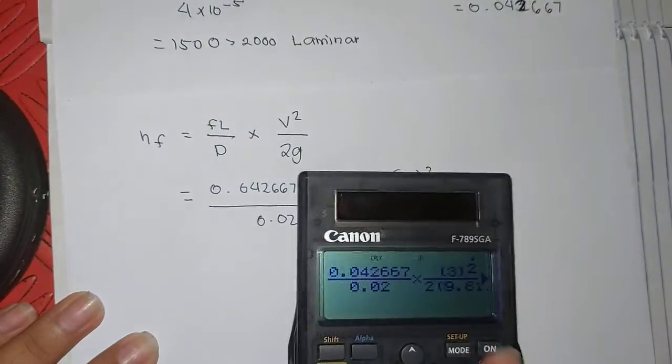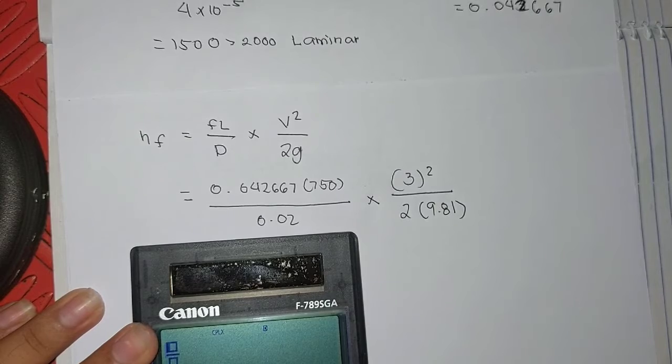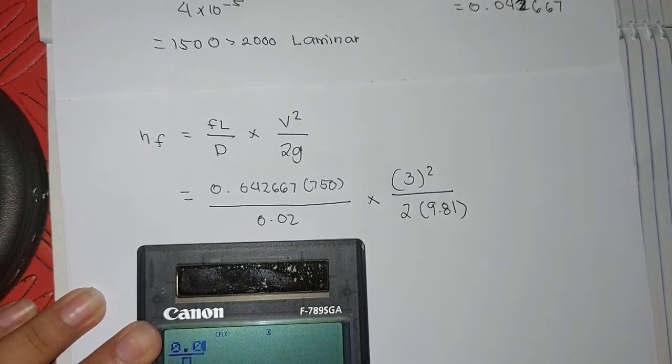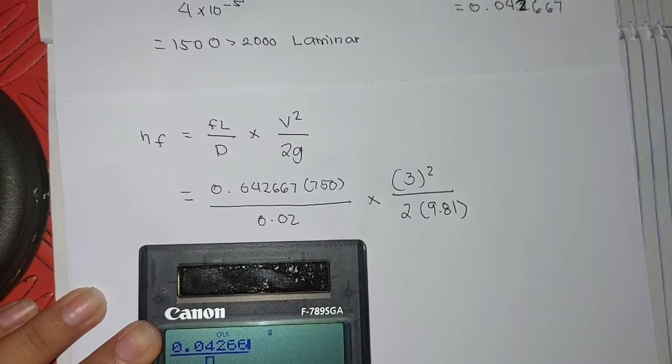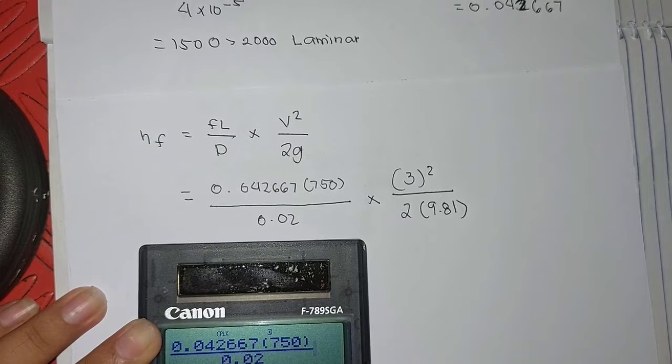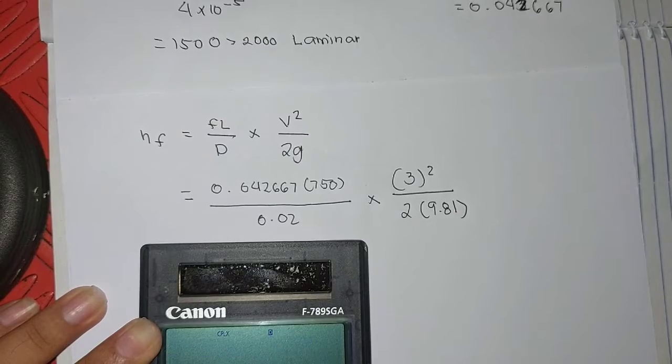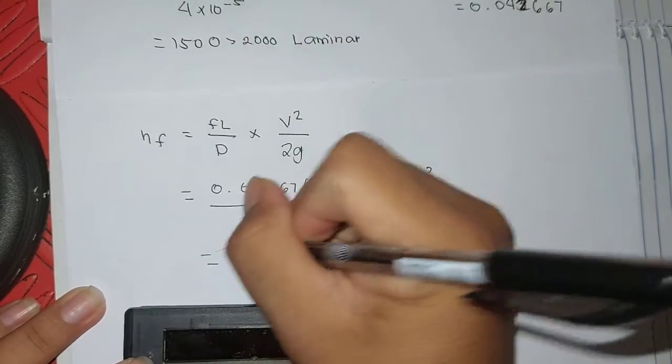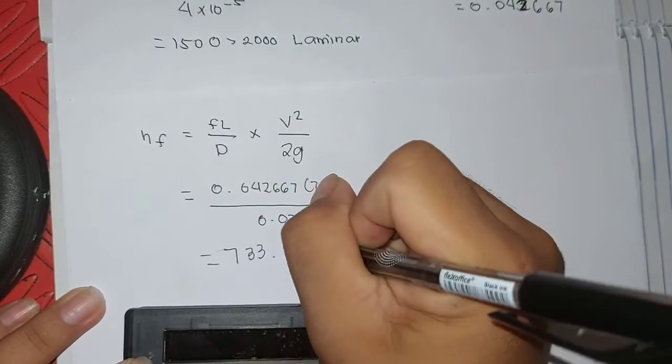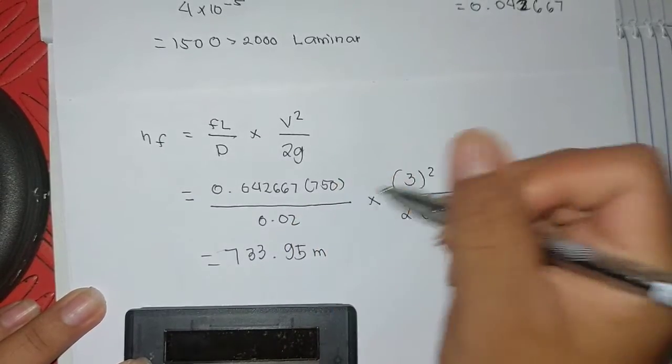So we're going to calculate that: 0.04267 multiplied by 750 over 0.02 multiplied by V, which is 3 squared, over 2 times 9.81 equals 733.95 meters.